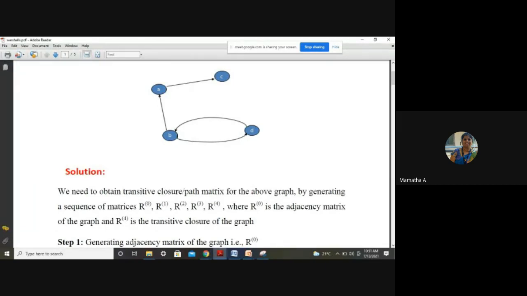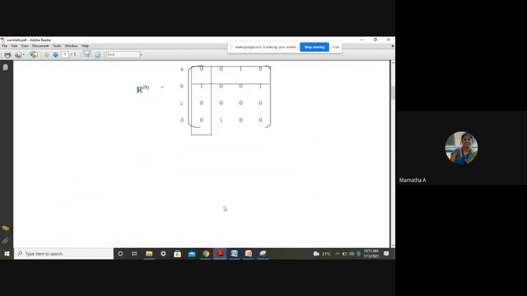And in R0, which row and which column should you consider? A's row and A's column, ma'am. So you have to consider A's row and A's column. And remember, in R1, your K will be what? K will be your A. Understanding? K will be A.